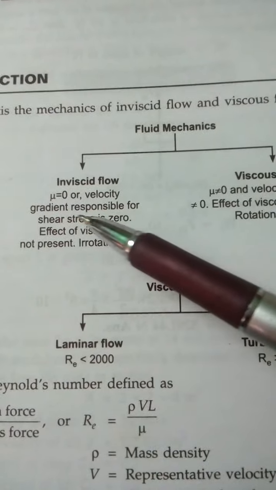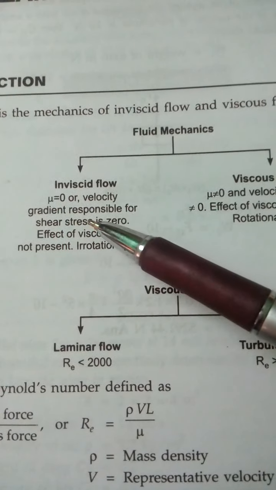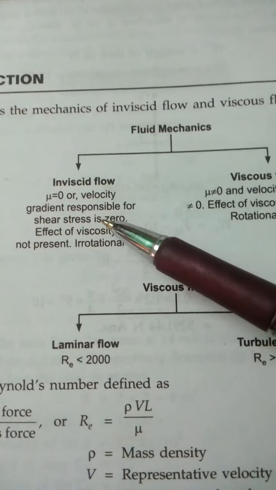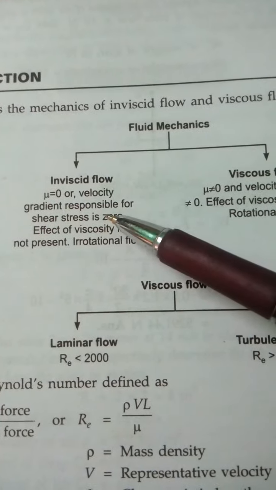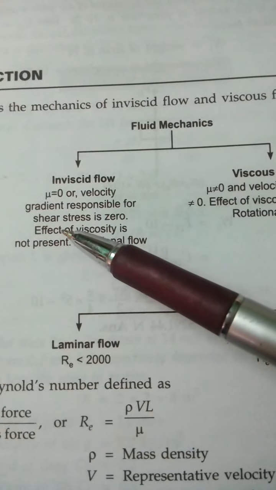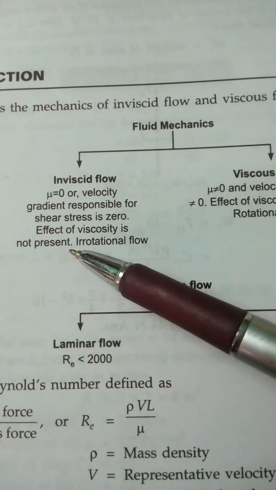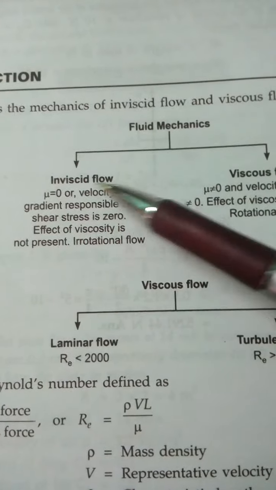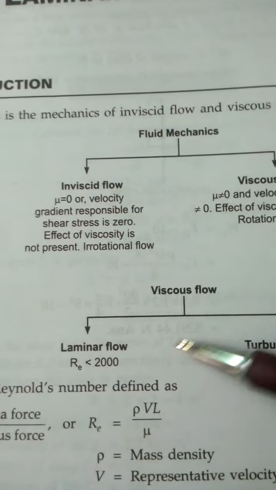And the velocity gradient is responsible for shear stress, and this is equal to 0. Because mu is 0, tau is equal to 0 from Newton's law of viscosity. Effect of viscosity is not present. And also we will consider this flow as an irrotational flow.